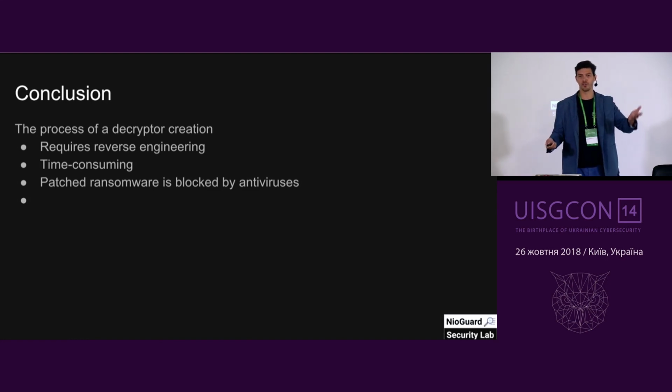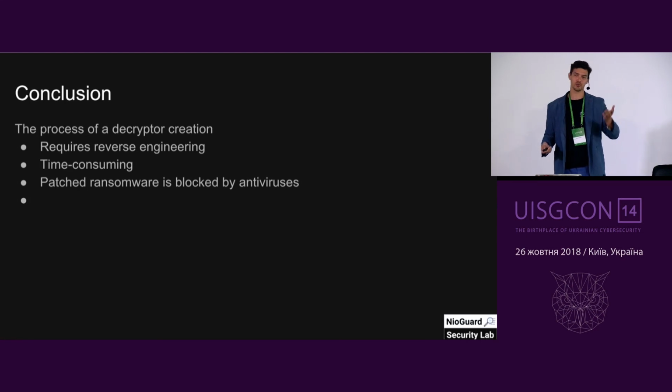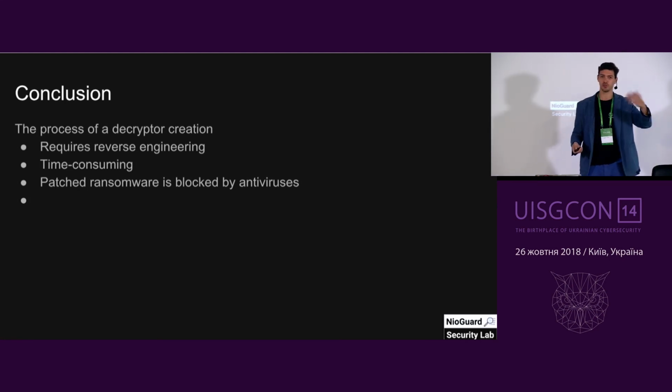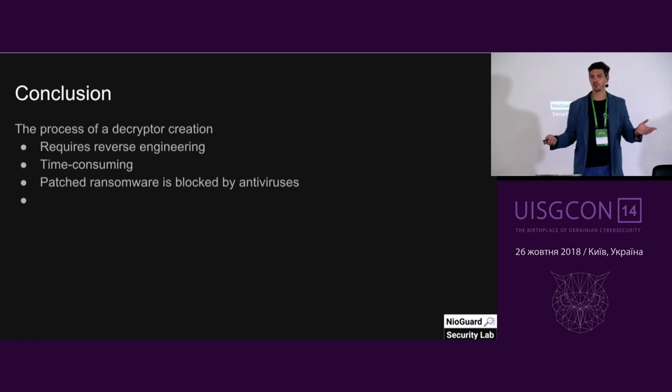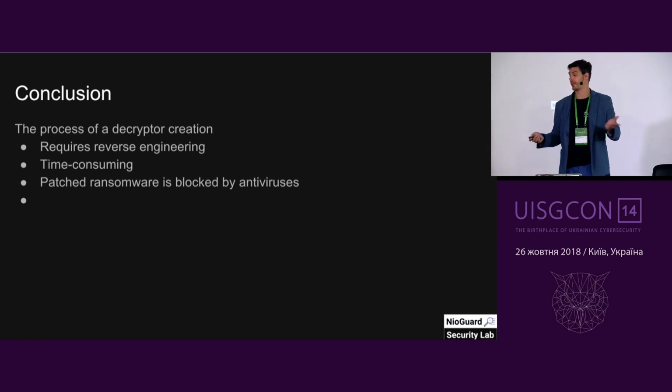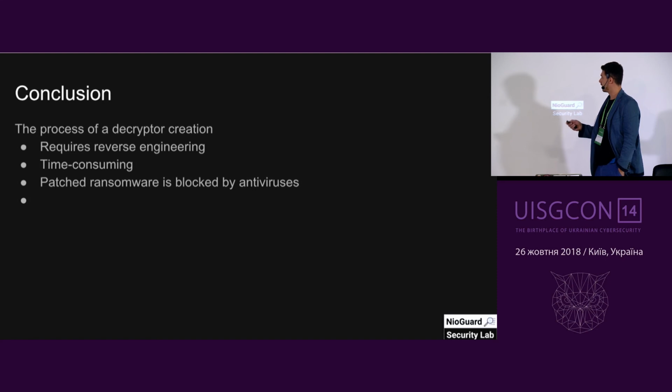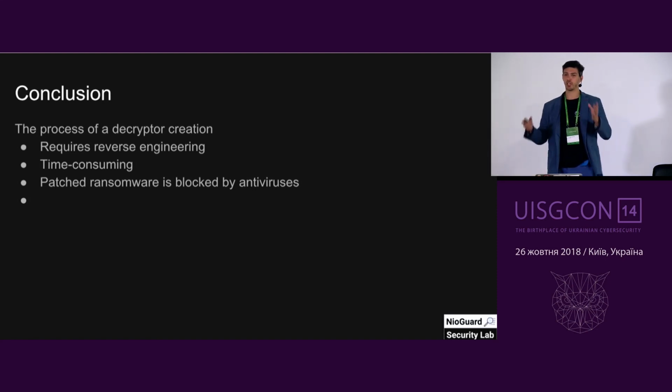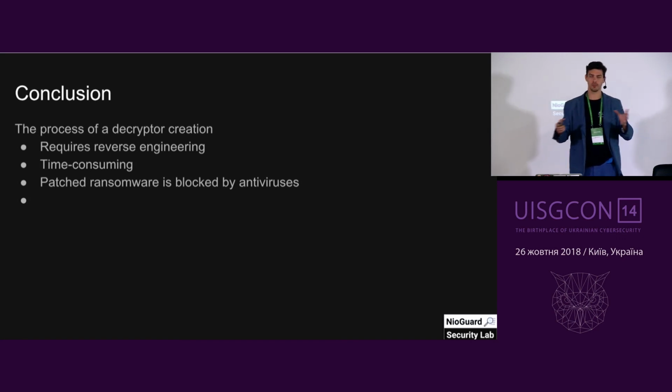Of course, the first thing a user will do is upload it to VirusTotal. VirusTotal will tell them, okay, this is ransomware. Of course, the user will not run it, and it's understandable. So the best way, if you're an antivirus company with a lot of resources, is to create your own decryption toolkit, which will include all available decryptors.